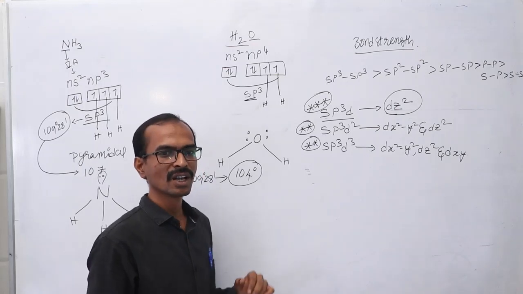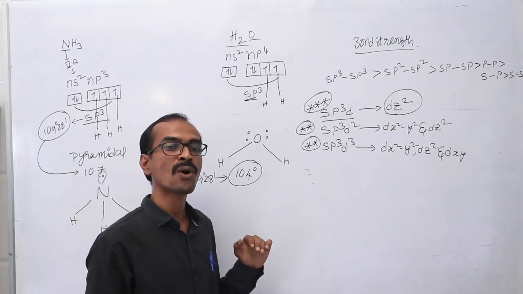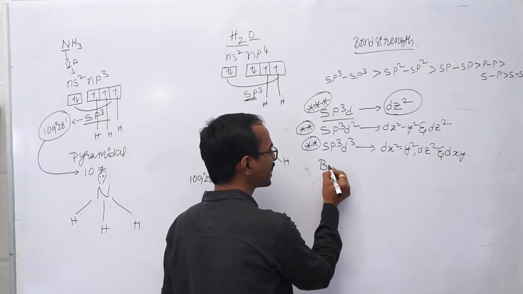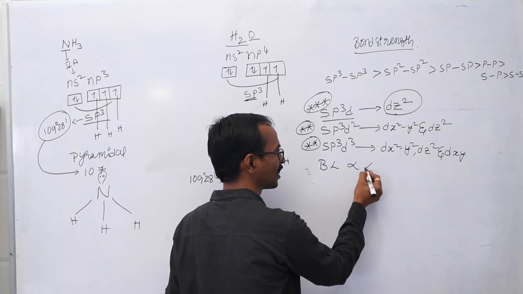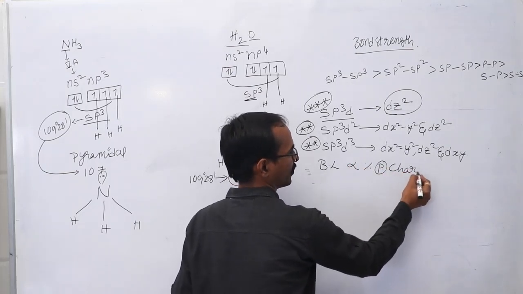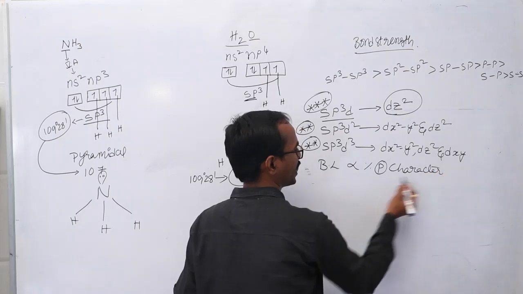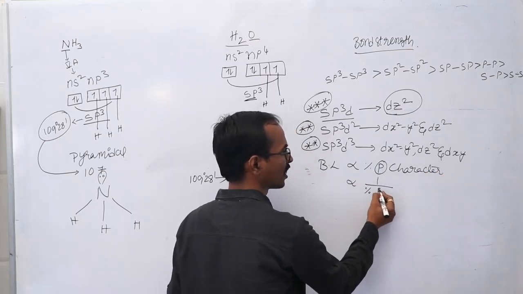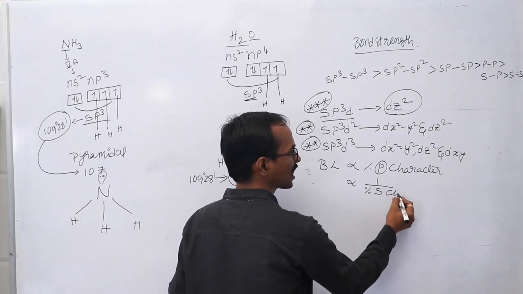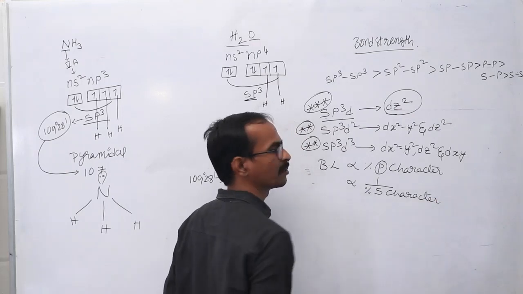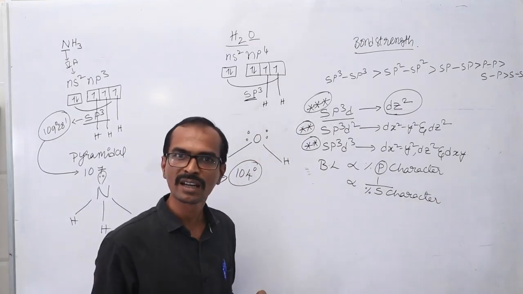And next, if you want to discuss the bond length, bond length is directly proportional to the percentage of p character.